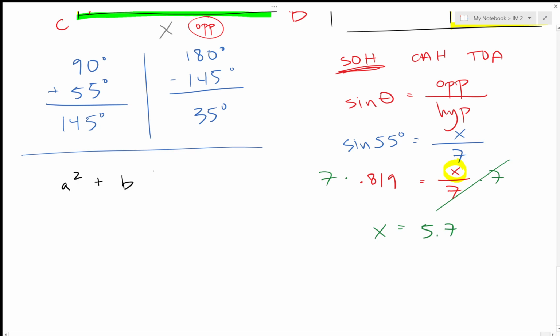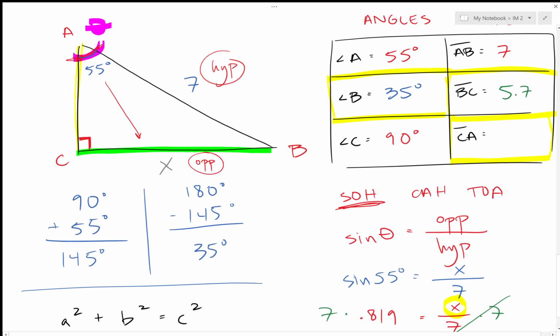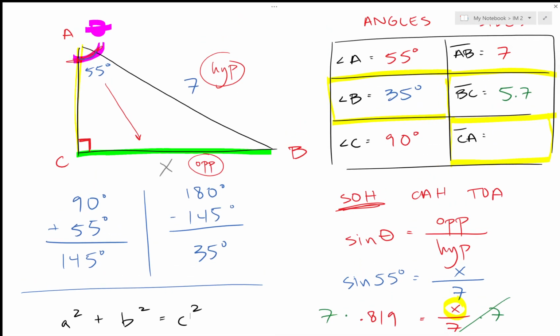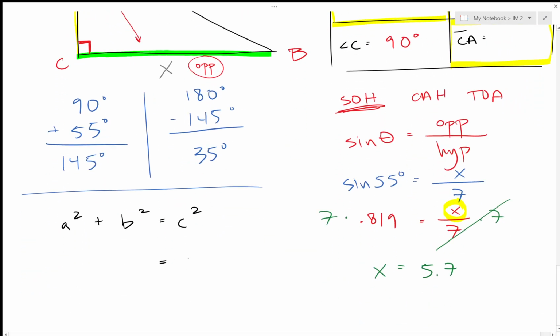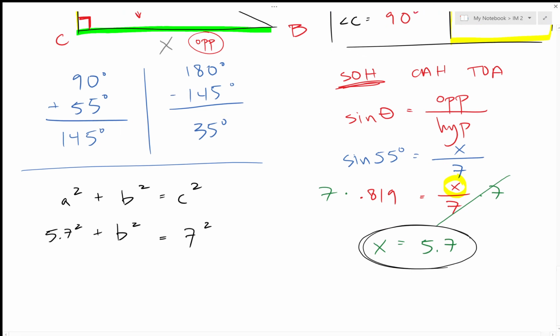A squared plus B squared equals C squared. So if I take a look at it, C is the most important side, and C is always the hypotenuse. And we've got the hypotenuse labeled. Hypotenuse is 7. A and B don't really matter, but I do need to use the side that we have, so I'll call that A, 5.7 squared, and B right there.